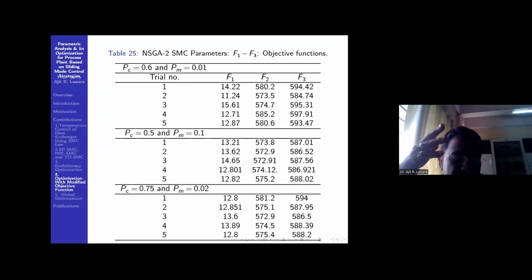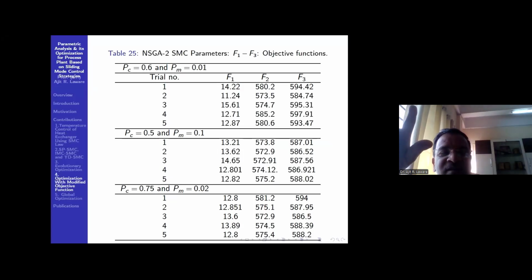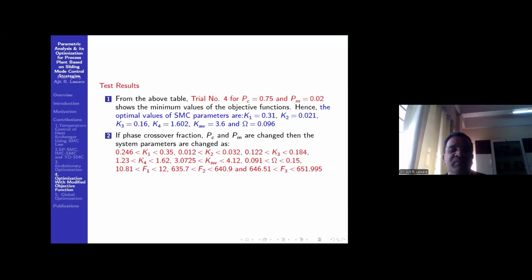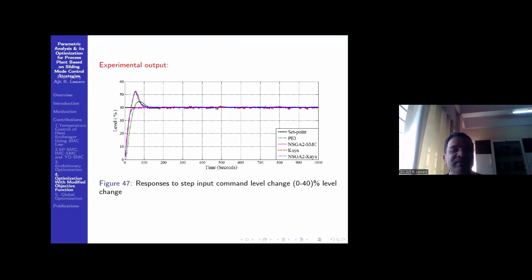Sir, not only modifying the objective function, you will get an advantage. Very first thing, you can modify the objective function, and you can have the trials on this PC and PM. Then you will get a better response over there. So already this contribution is having a better response than the previous one.